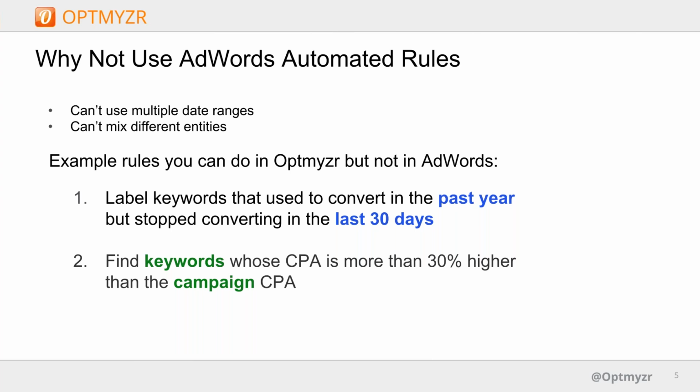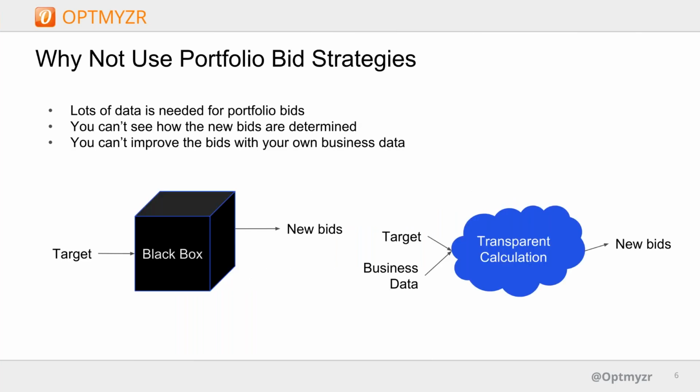So within a brand campaign, we're going to judge the keywords more stringently than if it was a non-branded keyword in a non-brand campaign. But we're just finding things within a campaign scope that are more than 30% more expensive. And so this ability to look at a keyword's cost per acquisition and compare it to a campaign level cost per acquisition, that's another unique thing that can lead to some very interesting rules, but you can't really do it using the AdWords automated rules.